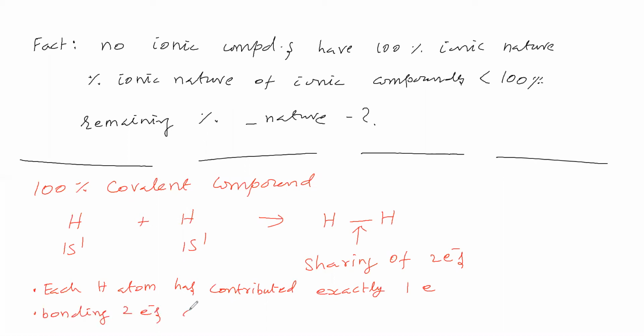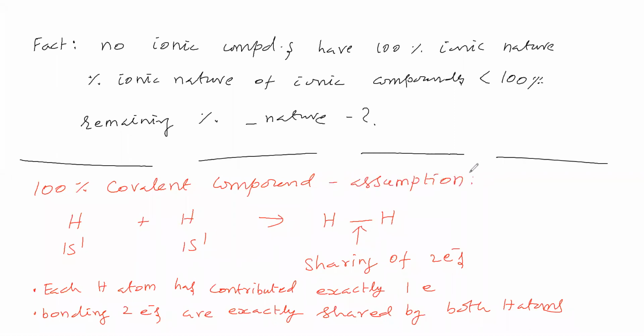The bonding 2 electrons are exactly shared by both hydrogen atoms. If these 2 hydrogen atoms share the bonding electrons equally and exactly, then this bond has 100% covalent nature. This is as per assumption. We are assuming like this.